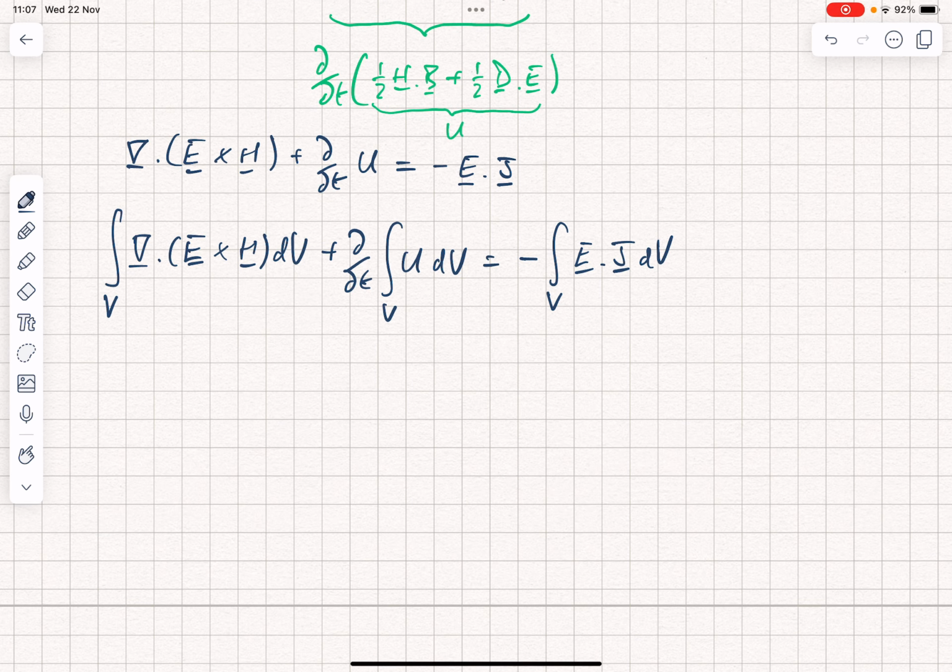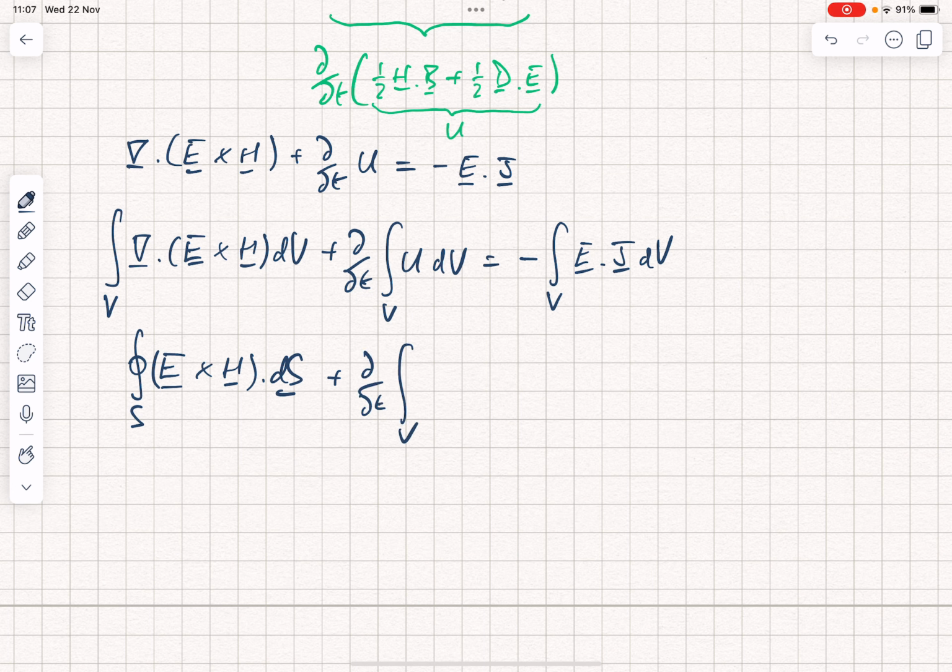And of course we're going to apply the divergence theorem to that first term on the left-hand side, and we're going to say that the closed surface integral of E cross H dot dS plus d by dt of the volume integral of the energy density is equal to minus the volume integral of E dot J dV.